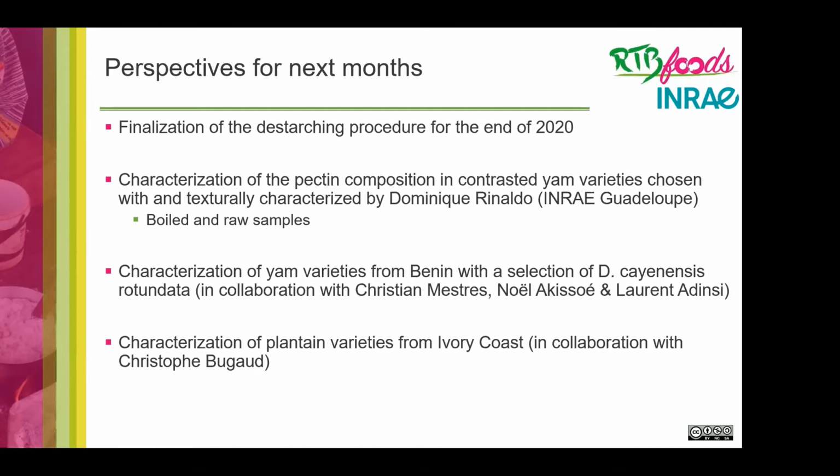But these are only Dioscorea alata, so we will also be working with Benin to study some Dioscorea cayennensis rotundata, which are quite different for their cooking properties. And finally, we will characterize different plantain varieties from Ivory Coast. All of this, of course, is done in collaboration with RTB partners. Thanks for your attention.